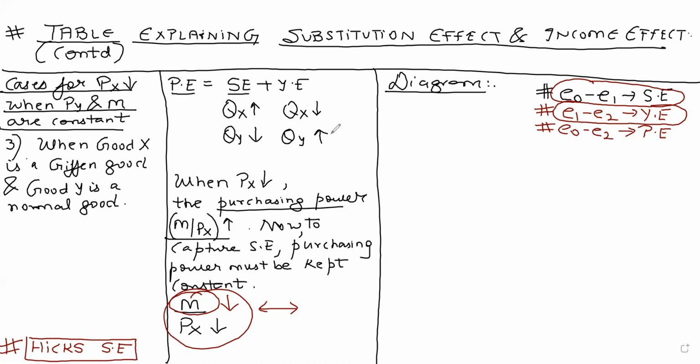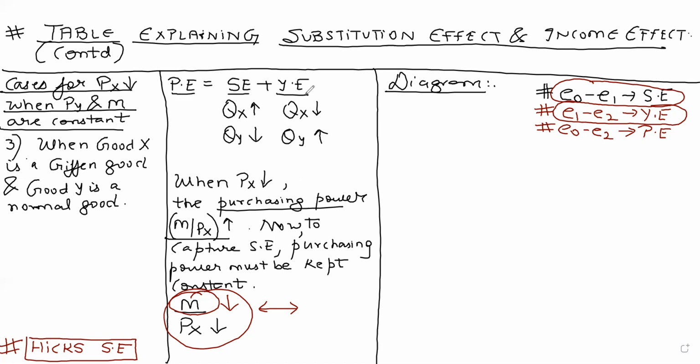According to substitution effect, good X rises, good Y falls, but according to the income effect, good X will fall and good Y will rise. Why is that happening? Because when your price of good X falls, your purchasing power goes up. When your purchasing power goes up, you will now prefer to buy less of the Giffen and more of the normal good. Why? Because Giffen is the worst case of inferior goods. Or I can say these are the worst goods among the inferior goods.